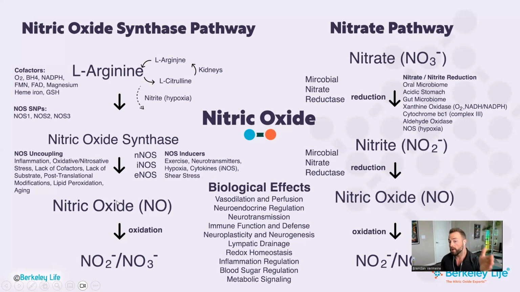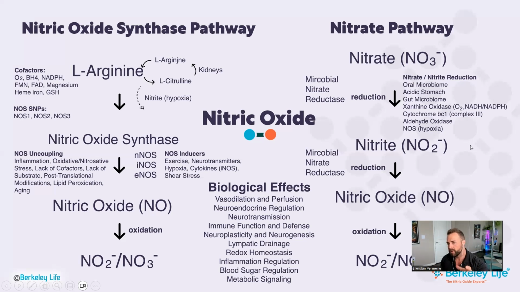Now, we can largely circumvent the defective NOS pathway by leveraging the nitrate pathway, which, as the research expands, seems to be our dominant ability to produce nitric oxide to begin with. It's an ancient pathway that's largely mediated by the microbiome, the oral microbiome that resides in the oral cavity, and the gastrointestinal microbiome. So the literature sometimes describes the nitrate pathway as a non-enzymatic pathway.